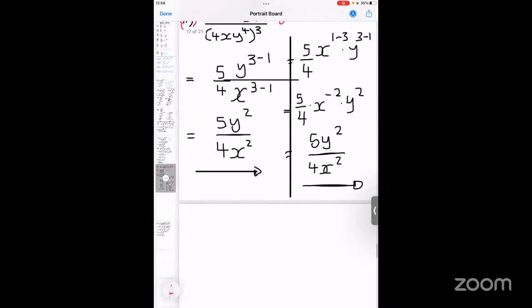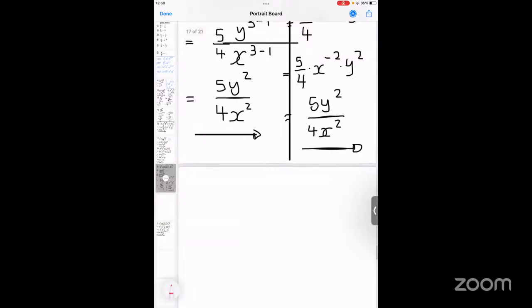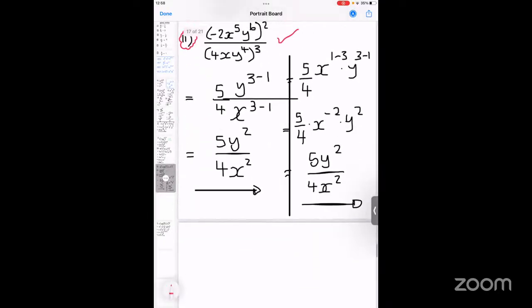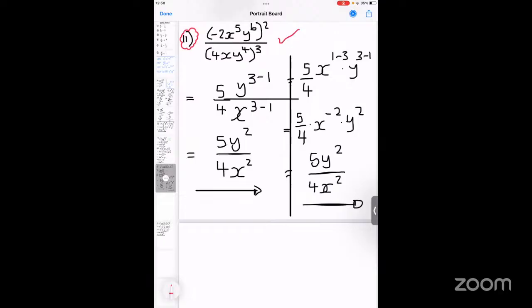How did you work it out, Manahil? I first worked out the brackets, and I said 4 times x to the power of 10 times y to the power of 12.